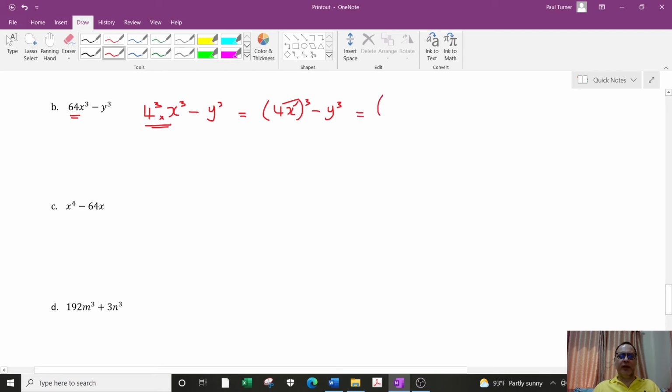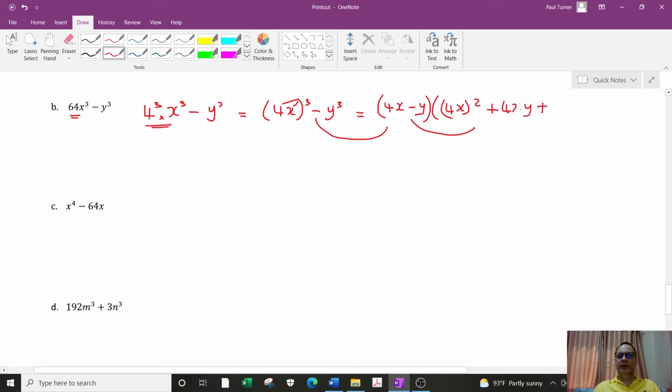When we factorize, we have the same sign. So now we have negative. So we're going to have 4x minus y times this term squared, so 4x squared, same. Now we go to the opposite sign, and then we multiply 4x times y.